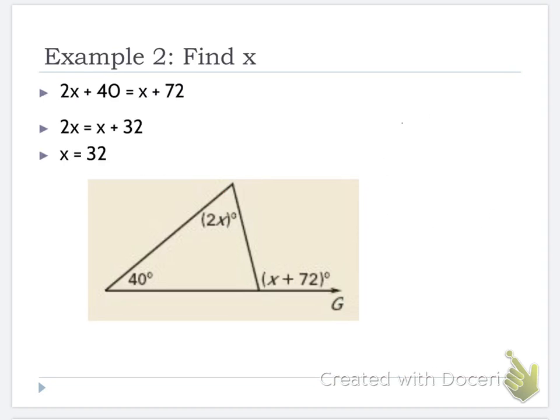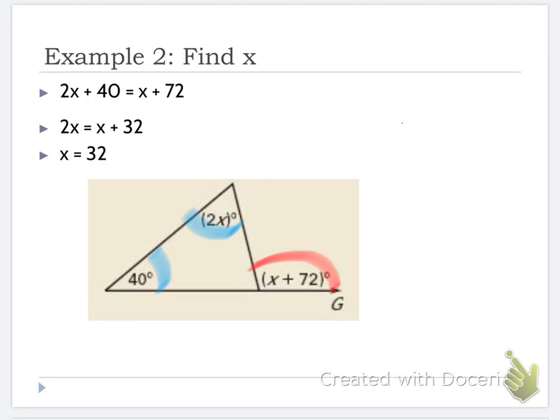All right, example 2 is asking us to find x. Same thing, we're going to look at our angles. We have two angles that are inside our triangle. Those are interior angles, but then we have one angle that is outside. Because we have one that is outside, once again we use our exterior angle sum theorem. We set up the red equal to the blue.